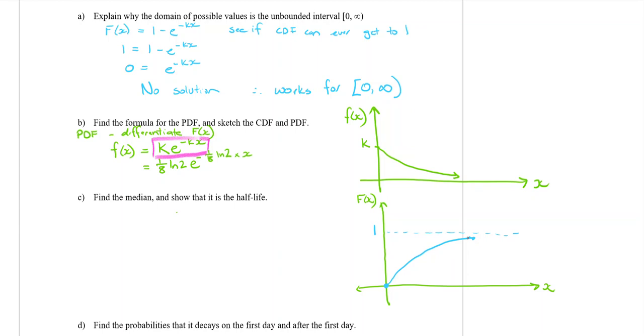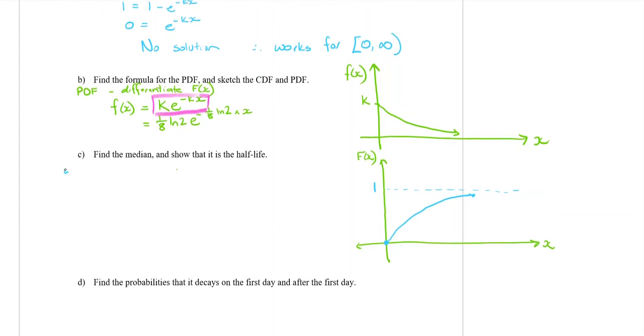Next, we need to find the median and the half-life. The median is when the cumulative function is equal to 0.5. If I sub that into my equation, I have 0.5 equals 1 minus e to the negative kx.